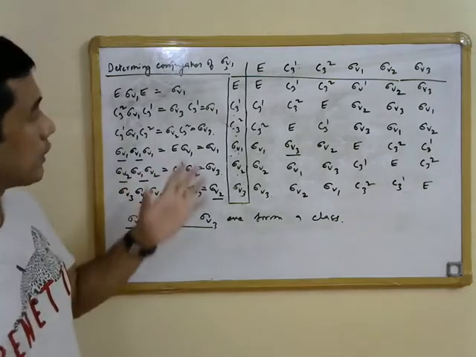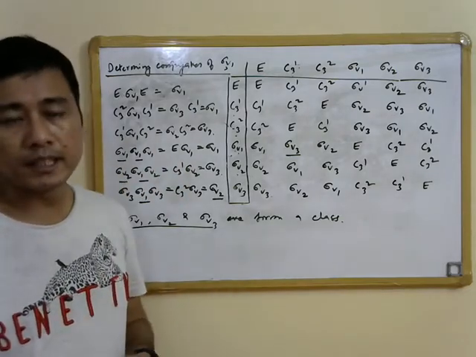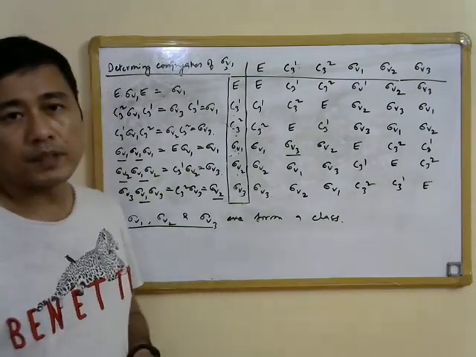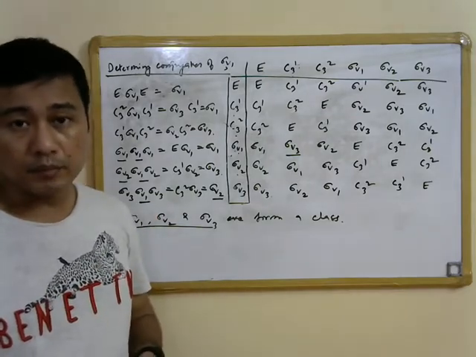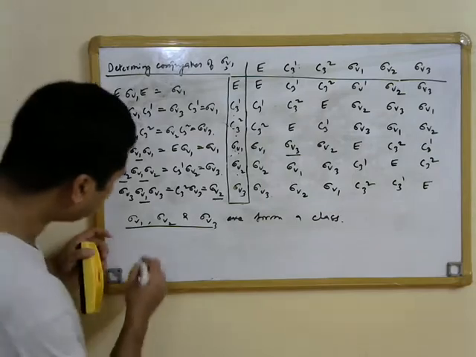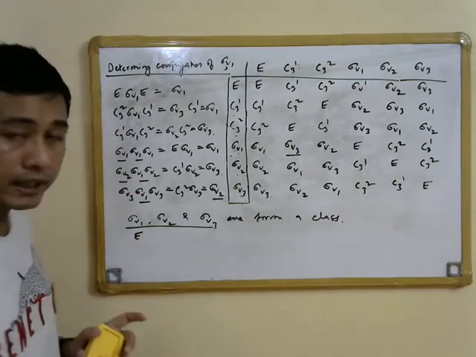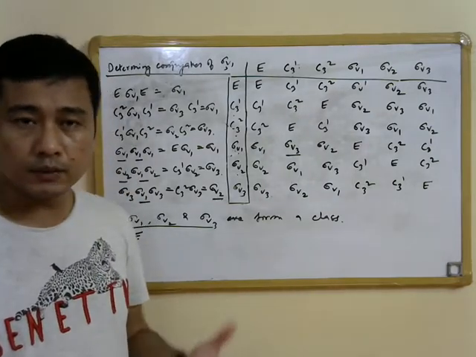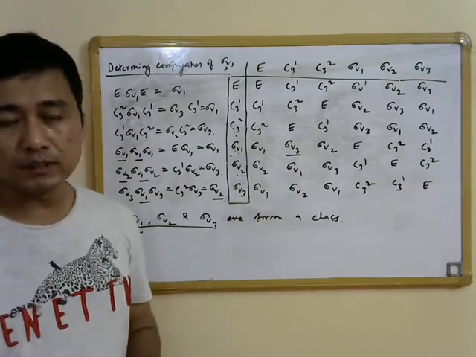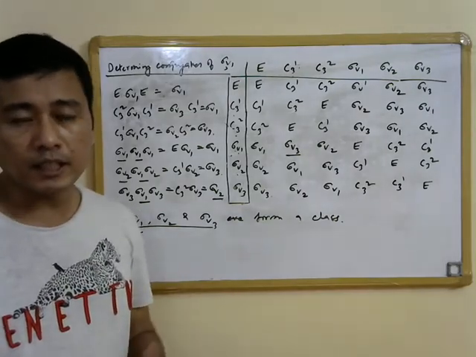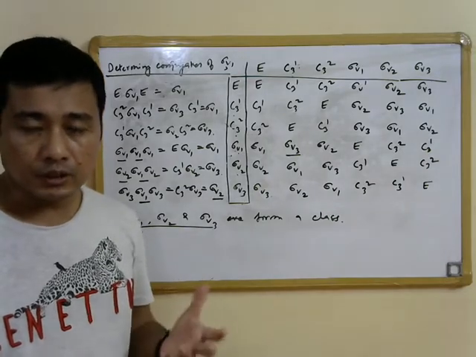So in this particular mathematical group formed by the symmetry operations present in the ammonia molecule, there are three classes. The first class, which we have seen, is formed by the identity element only, and this class is always present in any mathematical group because the identity element always forms a class of its own.